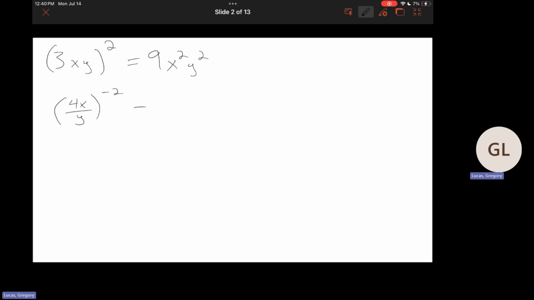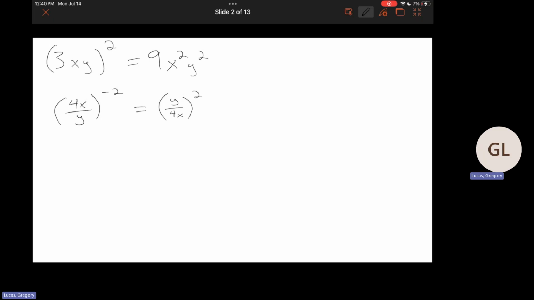So I have this negative exponent, and I earlier showed the negative exponent is the same thing as 1 over. Saying 1 over a fraction, what we're really doing is flipping the fraction. So whenever I have a negative exponent, to get rid of it, I can flip this fraction and make it y divided by 4x, squared.